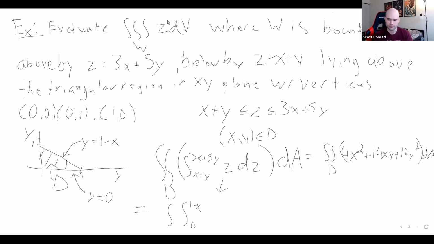X goes from, hang on, let me plug this in. So 4x squared plus 14xy plus 12y squared. Integrate with respect to y first. And x goes from what to what? So y is bounded by functions, x is bounded by numbers.